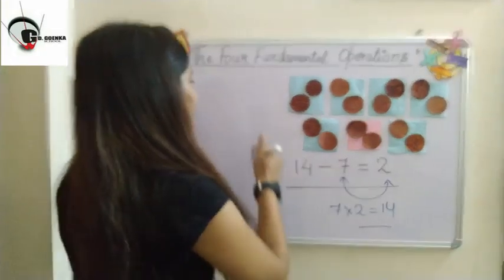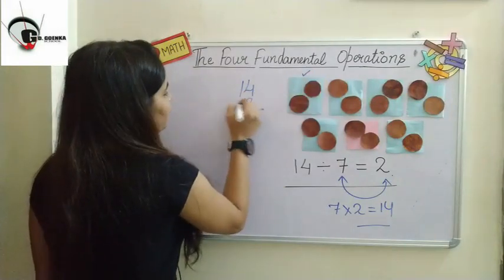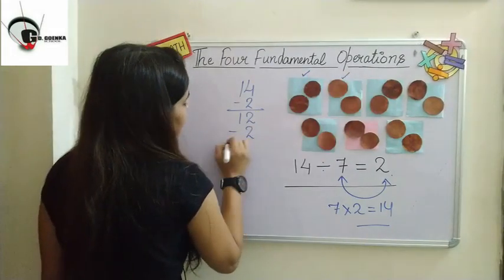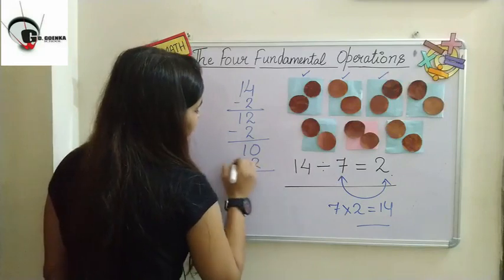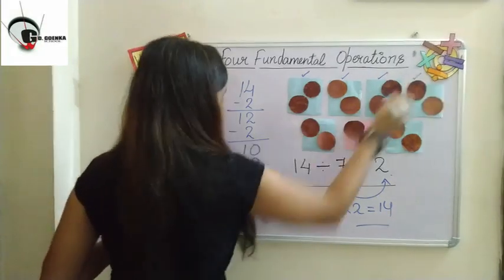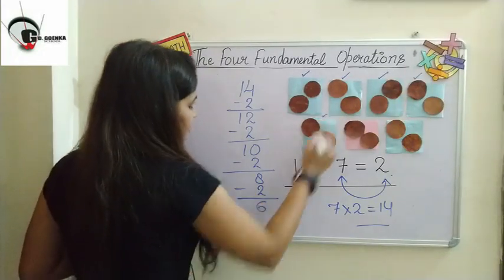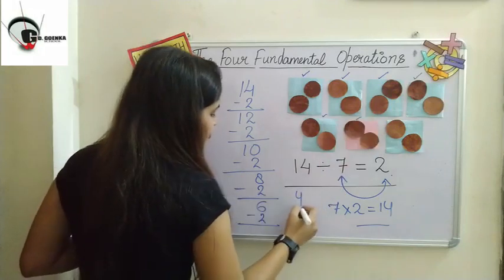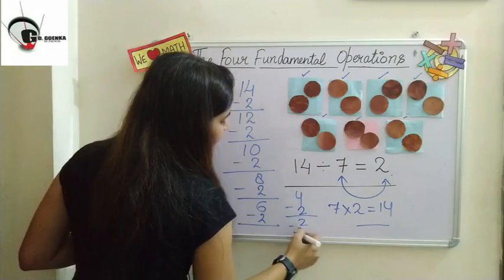Or if we have 14 and I subtract 2, I'll have 12, then subtract 2, I have 10, then 8, then 6, then 4, then 2, and then 0.